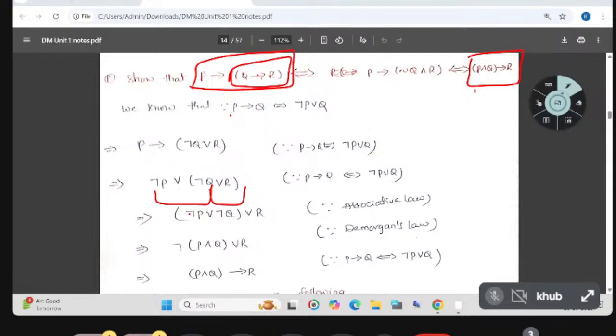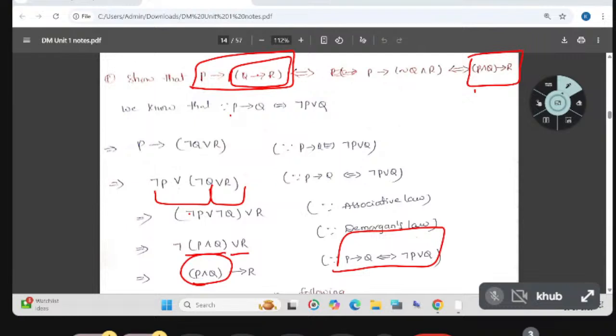So again I am substituting the formula, that is law called P implies Q double implies negation P or Q. Right. So negation P or Q. So here my P value is P and Q, and R value is R. Okay. So this is how I converted my given statement into equivalent.